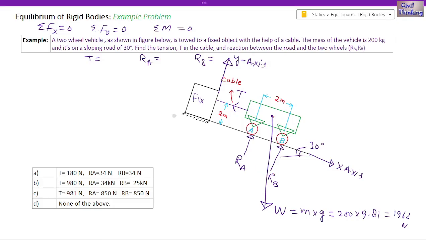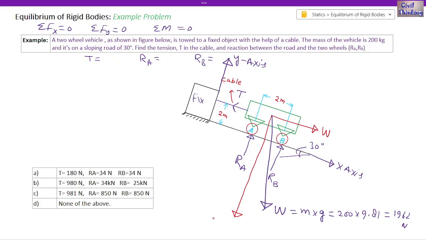Now let us say this is the x component of W, and normal to the road like this, it is the y component. Let me erase it, let me draw it a bit longer. This is the y component. Now how much is it?